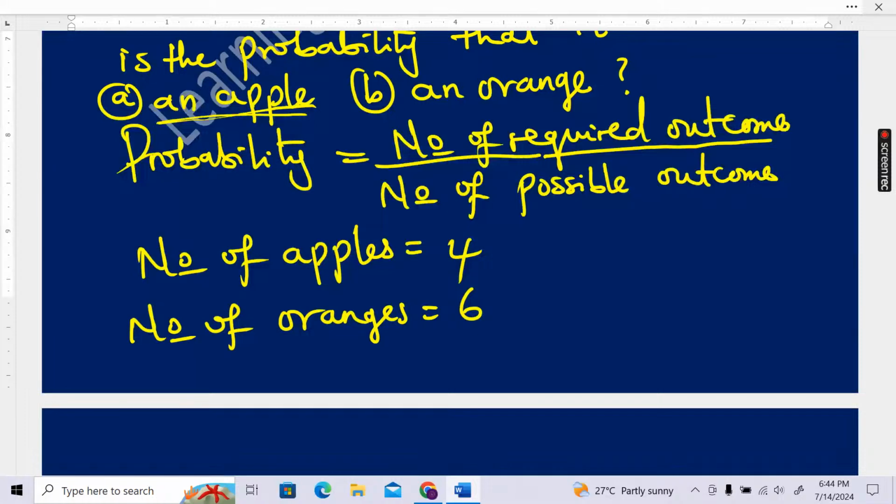Okay, so the total number of fruits is 10. You add up the number of apples together with the number of oranges.